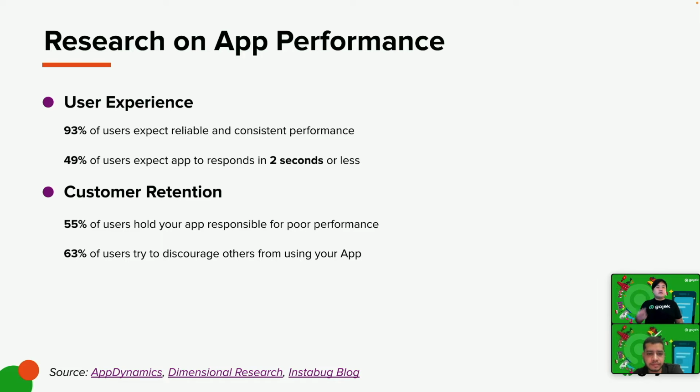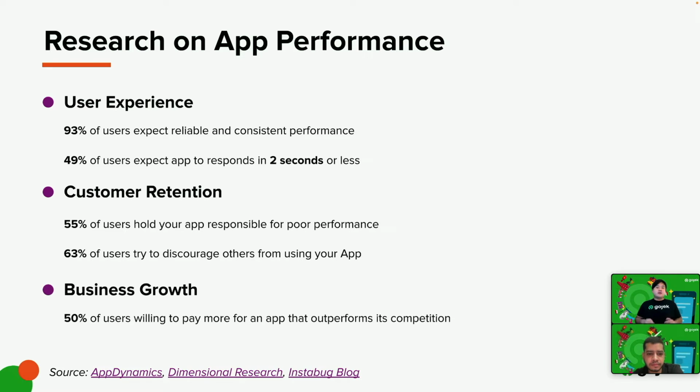And third, business growth. The percentage of users willing to pay more for an app that outperforms its competition grew to 50%. Based on these numbers, it's clear that app performance is one of the critical factors for delivering a delightful mobile app experience to customers and for the growth of the business.